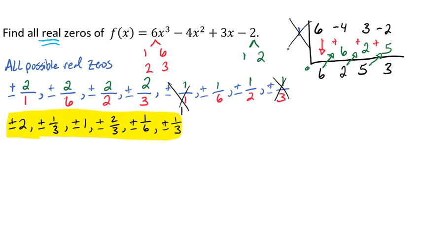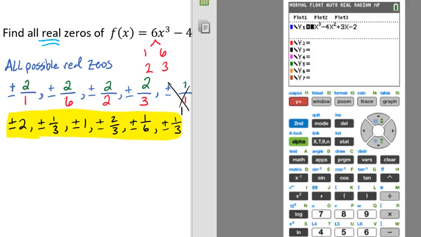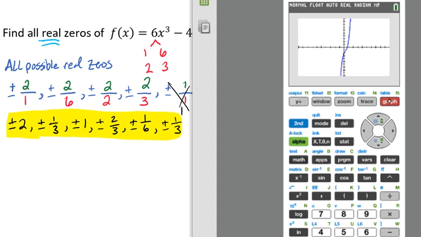It'd be really time consuming to do this for 12 different choices. So an option is to use your graphing calculator to help you narrow it down. If we plug in our equation, 6x to the third minus 4x squared plus 3x minus 2, and hit graph, we see that 1's not going to be an answer, but nothing is negative and nothing is greater than 1.